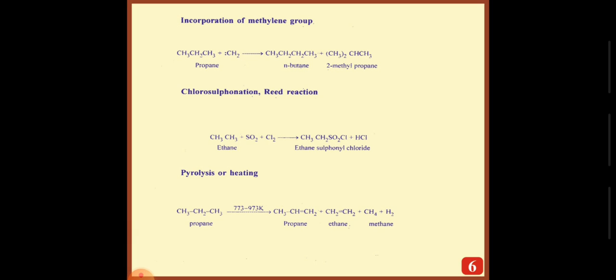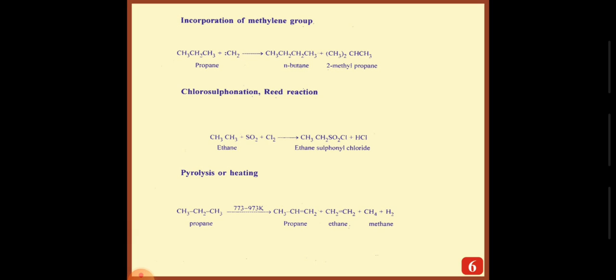It is used for the industrial preparation of detergent. Pyrolysis or heating. Higher alkane in the absence of oxygen at 773 to 973 degree Kelvin decomposes to form a mixture of lower alkane, alkene and hydrogen.